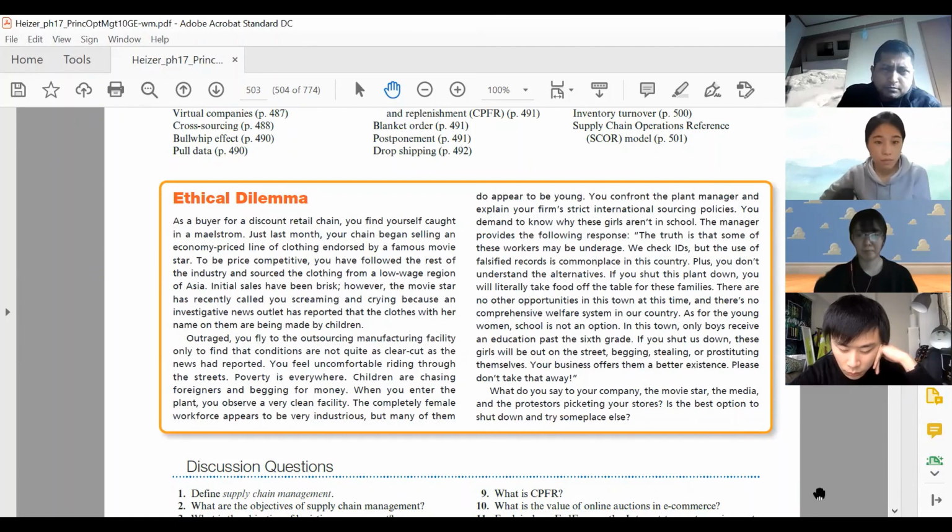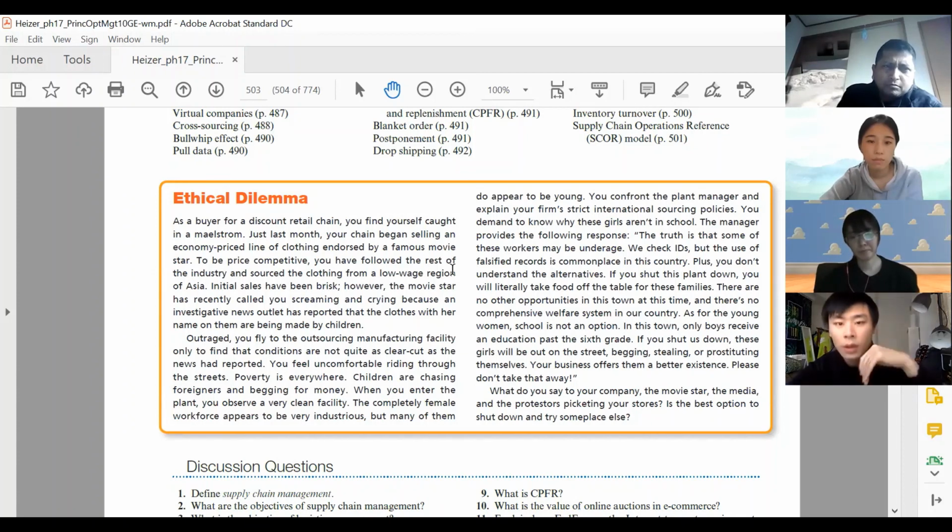If child labor is an issue, if you read this as a buyer for a discount retail chain, like what you told me just now, Jacob, about the condition of the country. Outraged, you fly to the outsourcing manufacturing facility to find conditions are not quite as clear-cut.